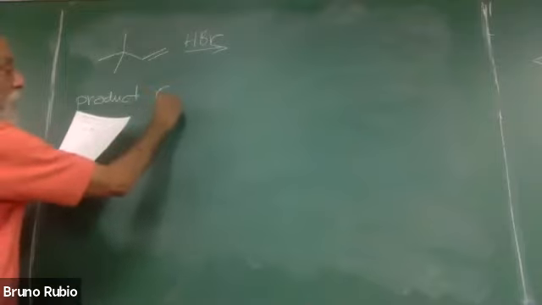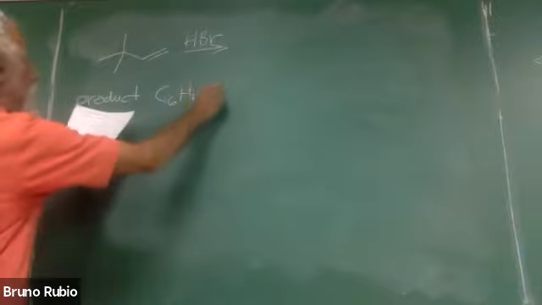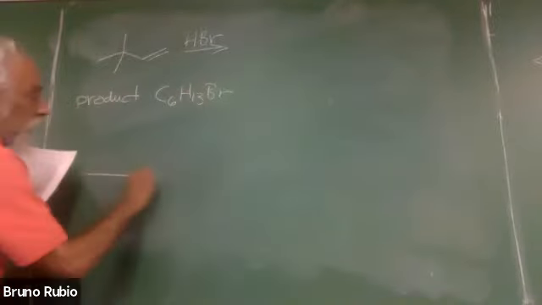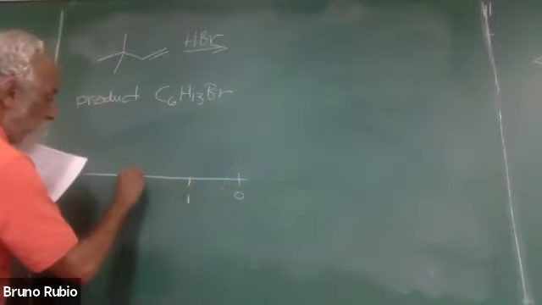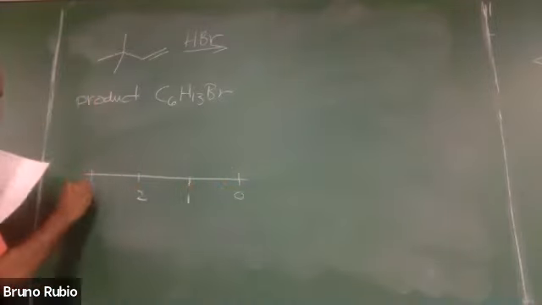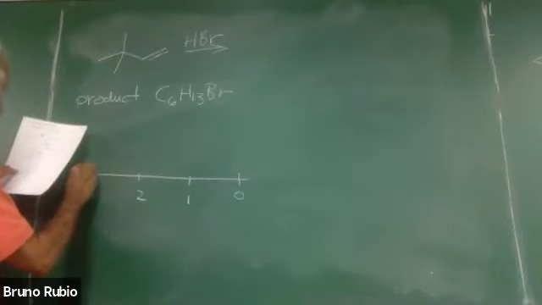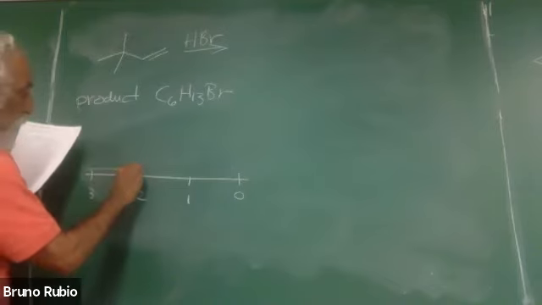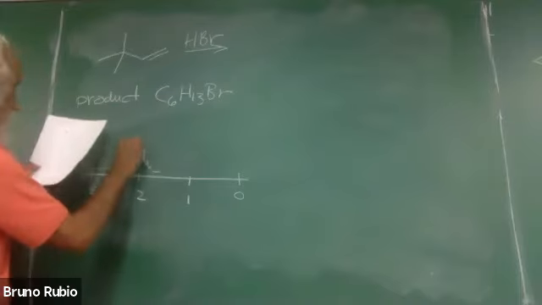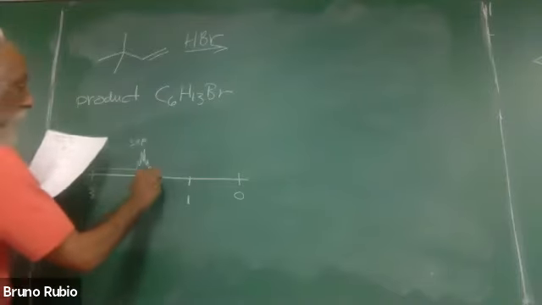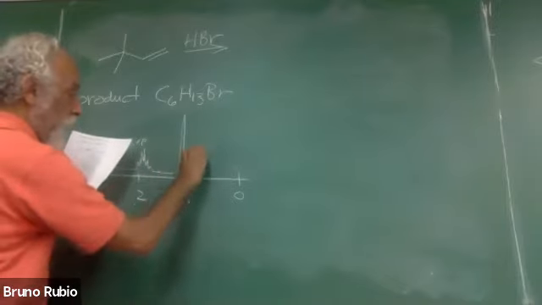Okay, so the product is a compound of formula C6H13Br, and in the NMR spectrum, everything is between 1 and 3 ppm. So here I have a septet, and here I have a singlet, and over here I have a doublet.